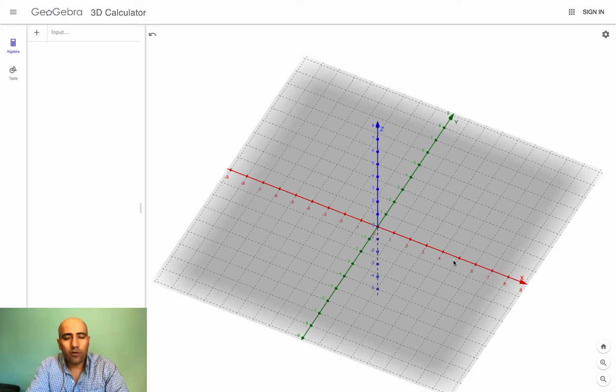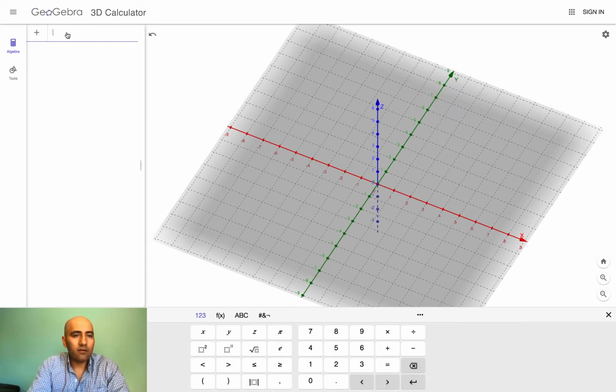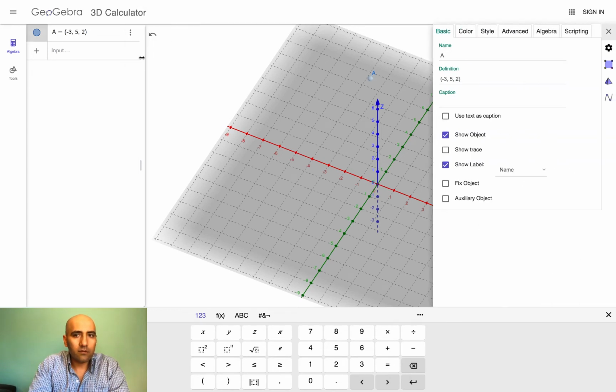Okay, so if we wanted to graph the ordered pair, the triple pair, we had -3, 5, 2. There it is. And let's change the color.